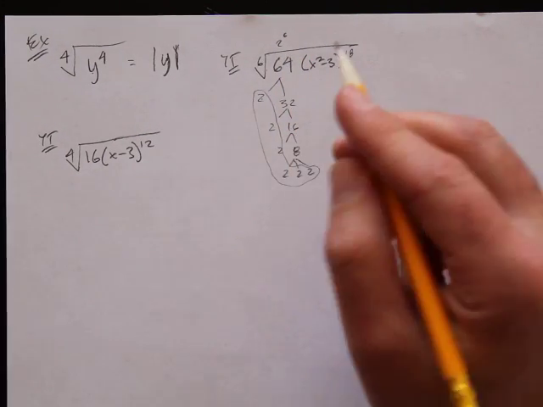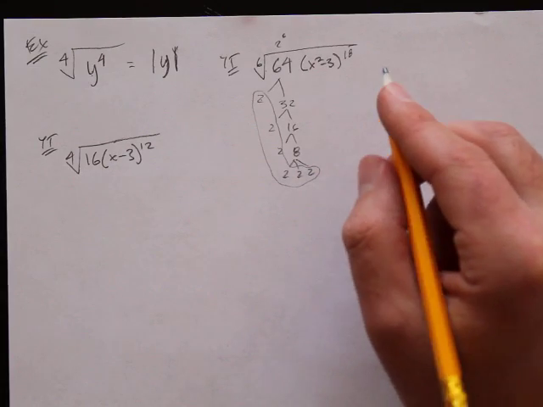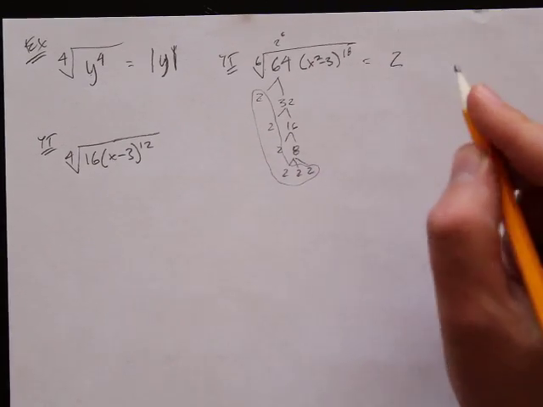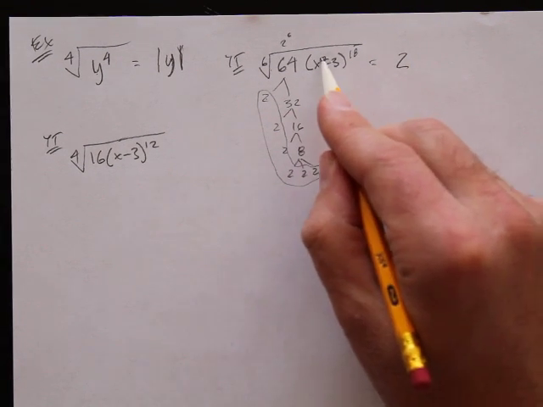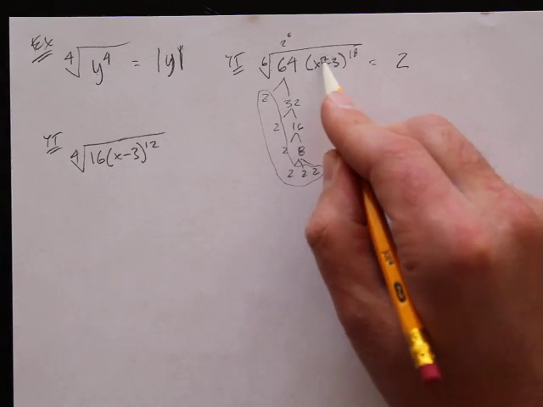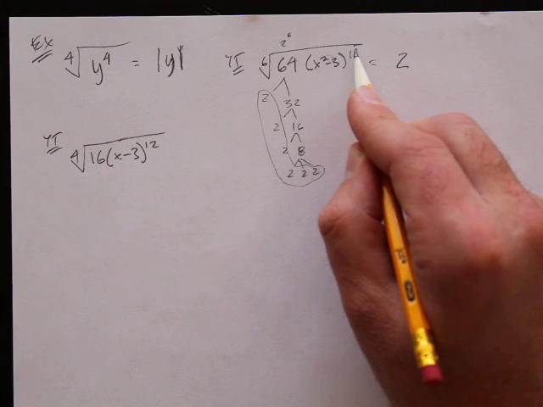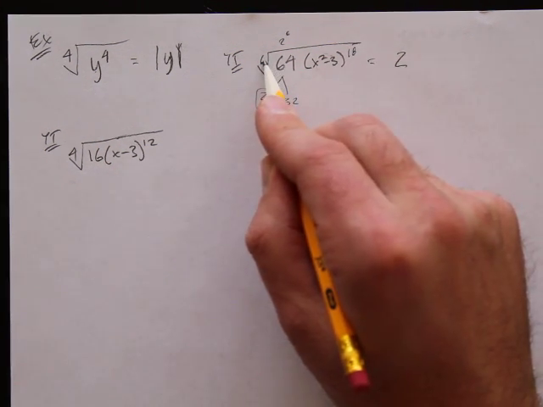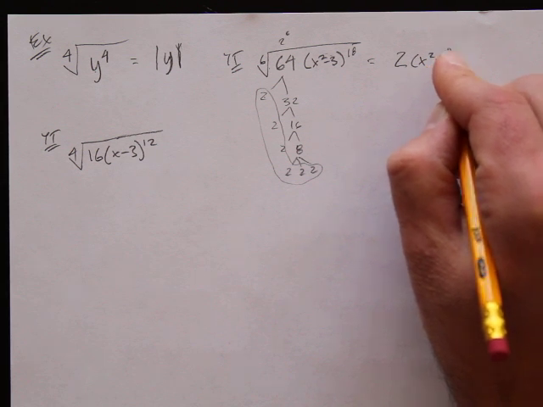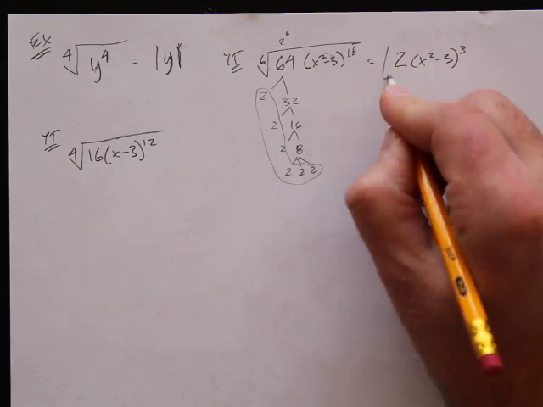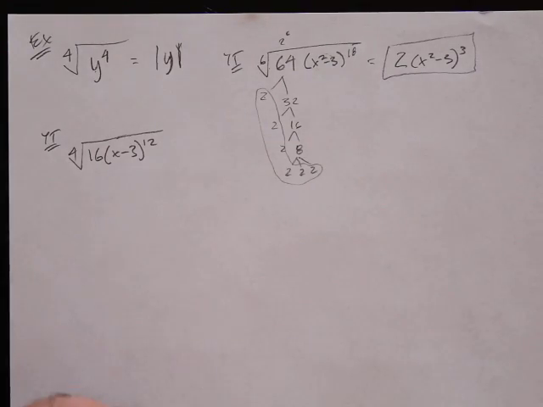That's what 64 is. So that means 2 is the number that's associated with this. Now, I'm going to ignore this x squared minus 3, remember? Just do 18 divided by 6, which is 3. So I have x squared minus 3 to the third power. And that is my answer.